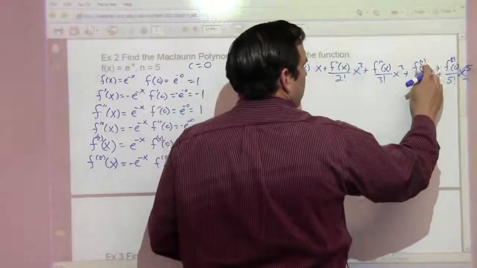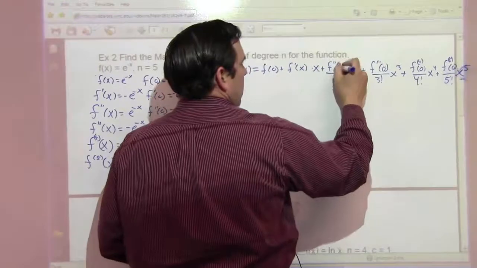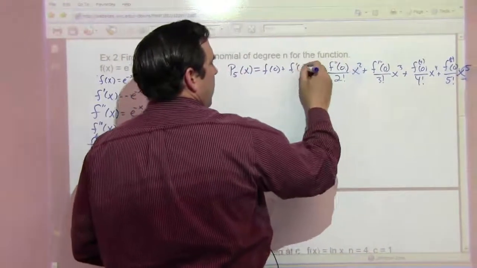Now, these all should have been zeros, not x's. And we already have found these values.